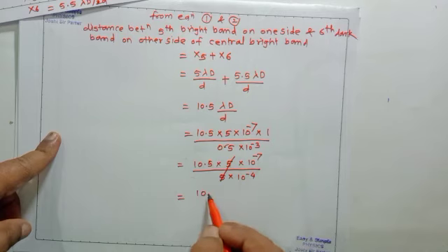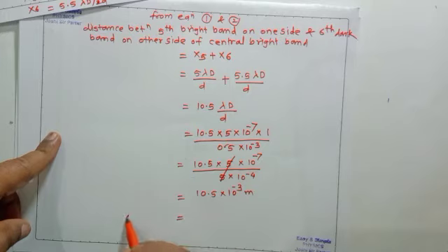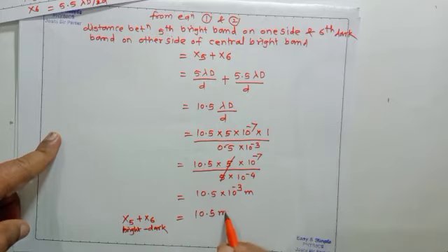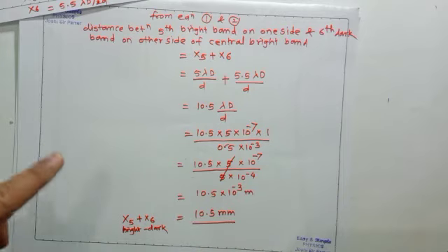So 10.5 into 10 to the power minus 3 meter, or for fifth bright band and sixth dark band on opposite sides of central bright band, it will be 10.5 millimeter. That is the answer for the given question.